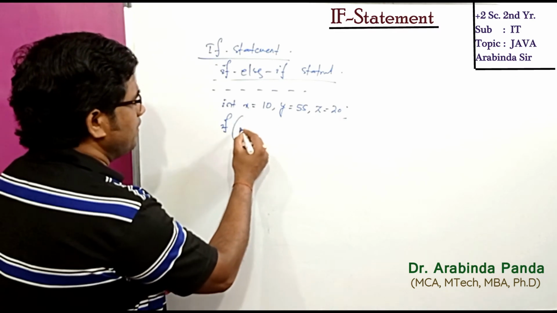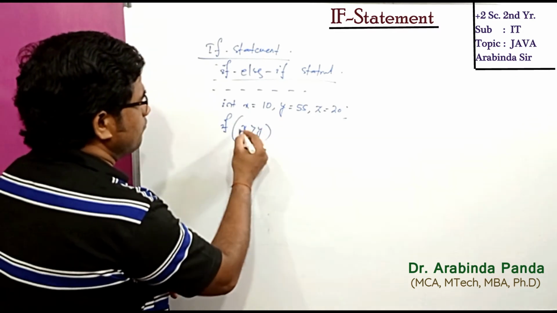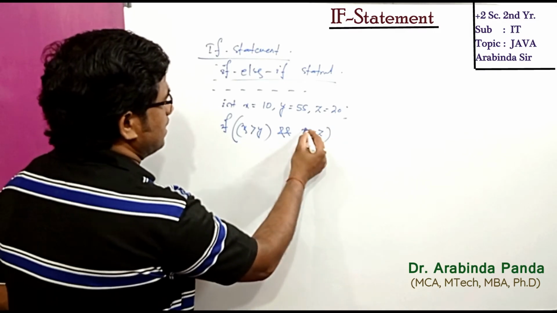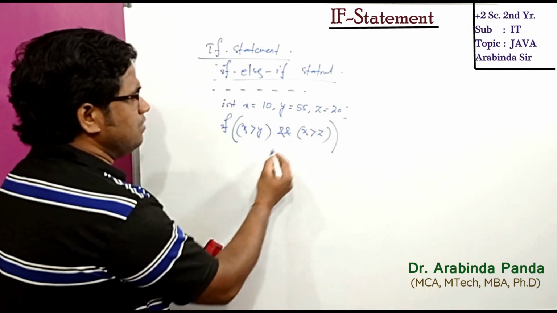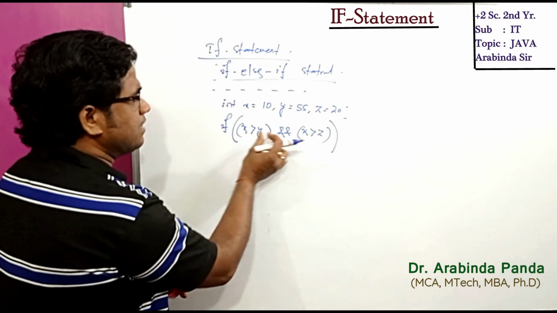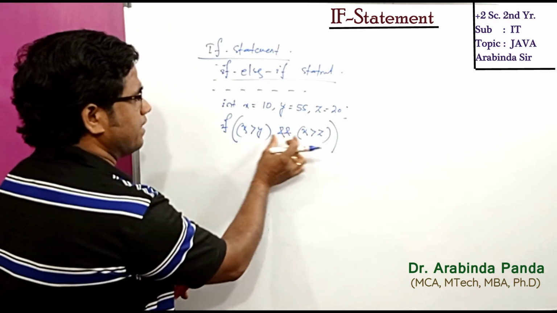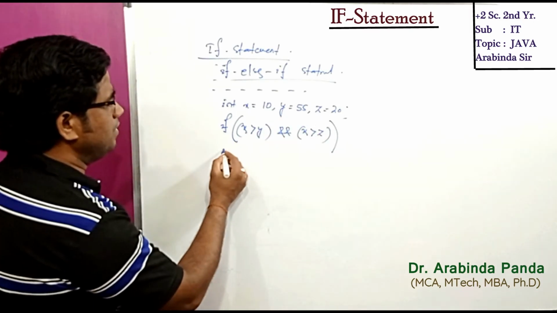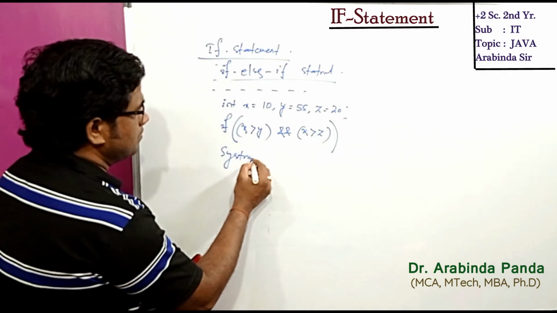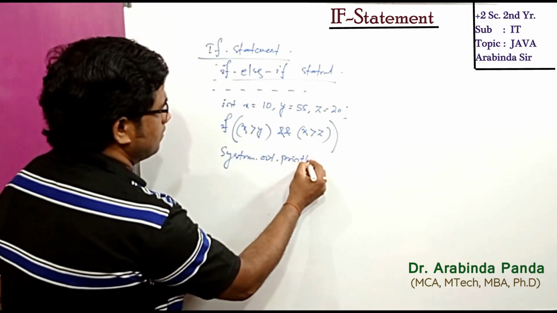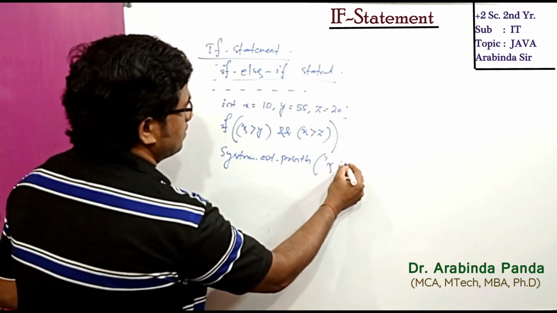So here if x greater than y and x greater than z. This is the logical AND operator. Logical AND operator means it can check two conditions at a time. X greater than y and x greater than z, then System.out.println x is greater.